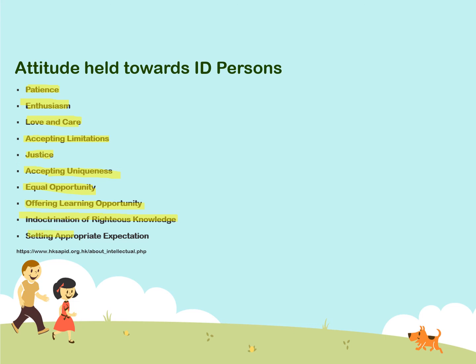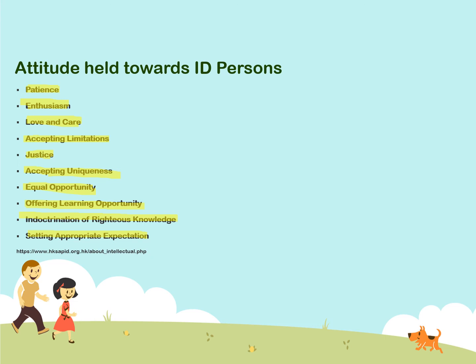Setting appropriate expectations. We have to be realistic and stay positive with the ID person. Our goal is to unlock their potential, or to push up their learning and development. That means you have to set appropriate expectations for them.